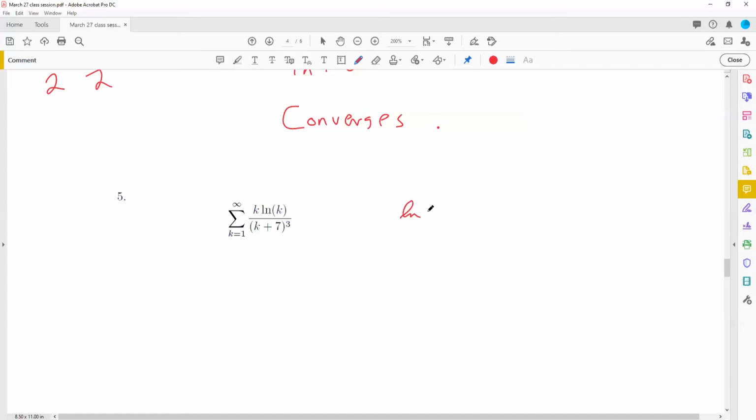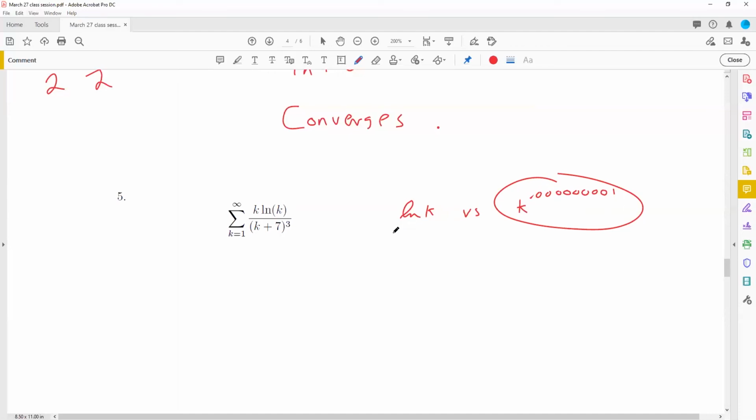So if you had log K versus K to the 0.0000, you could add as many zeros here as you wanted, then this would be the winner. Eventually in the end, as you go to infinity, this goes to infinity faster than this does.